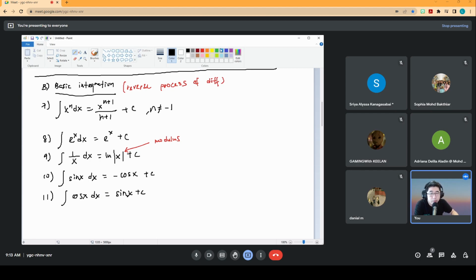If you remember how I taught you for trigo, sine goes to cos, cos goes to negative sine, goes to negative cos. This is the order of differentiation. Then the integration goes in the reverse position. Therefore, sine goes to negative cos because it's a reverse process. This is your differentiation here, and this is your integration here. Don't forget they are the reverse process.